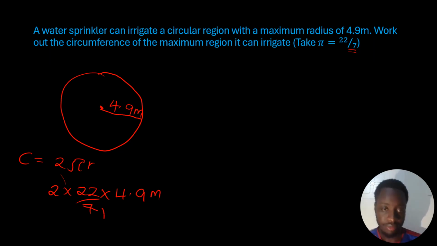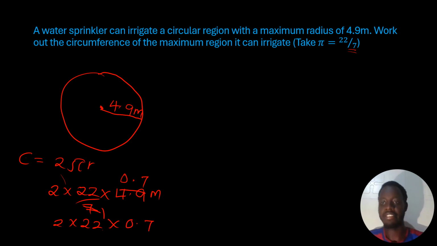We have 7 here once to 4.9, that is 0.7. So you have 2 times 22/7, we have 7 is gone, times 0.7. So let's calculate this. 2 times 22/7 times 0.7, we should be getting 30.8.